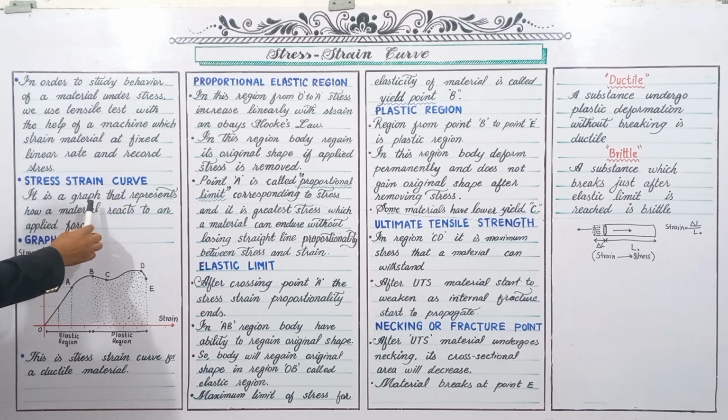It is a graph that represents how a material reacts to an applied force. This graph will explain that if you apply a force on the material, how this material will react to this force, up to what extent that material will endure the stress and there will be no breaking. Okay, so now we are coming toward the main portion of this lecture, that is the stress strain graph.